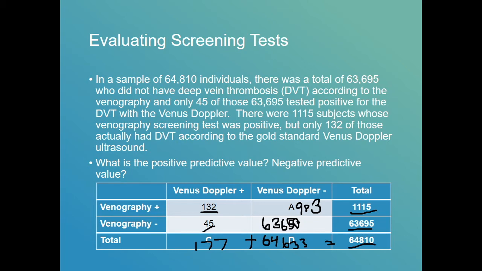Now, how do we determine this positive predictive value? Here we want to use those who were positive for the venography and the venous Doppler, so 132, divided by all of those who tested positive with our new test, so 1,115. So that would be 132 divided by 1,115.